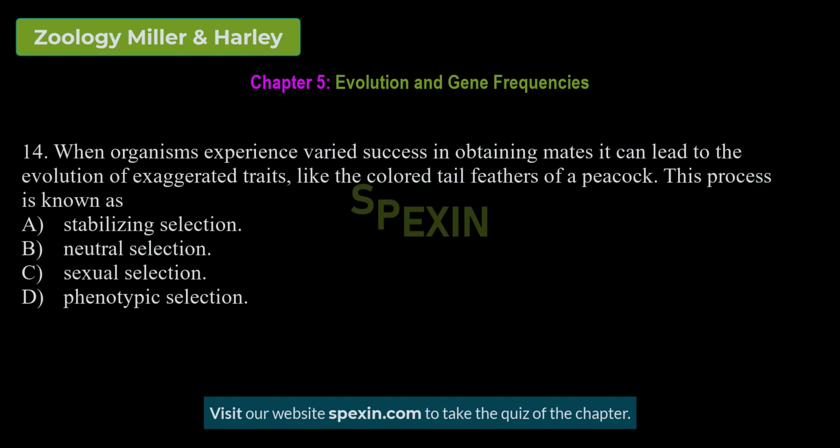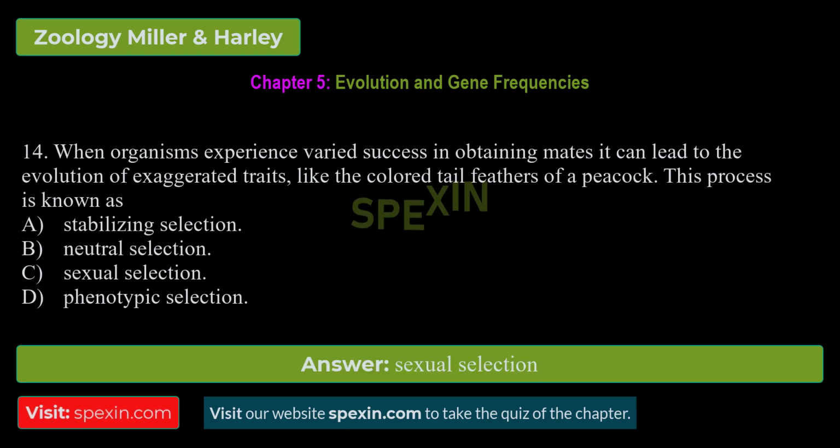When organisms experience varied success in obtaining mates, it can lead to the evolution of exaggerated traits, like the colored tail feathers of a peacock. This process is known as stabilizing selection, neutral selection, sexual selection, phenotypic selection. Correct answer: sexual selection.